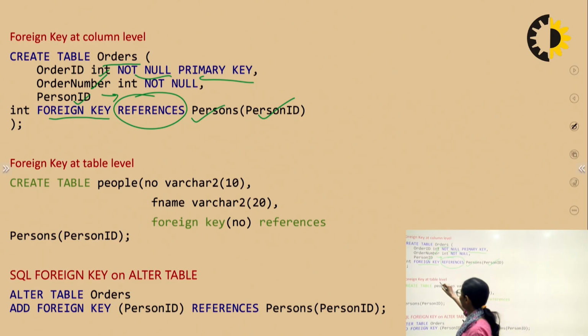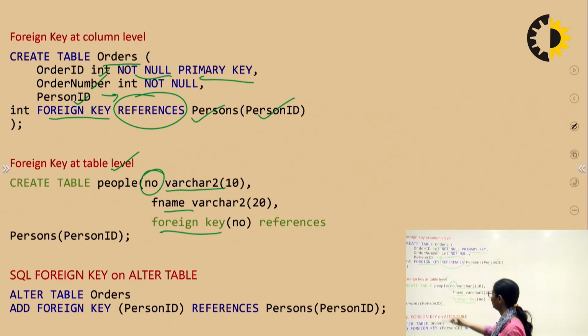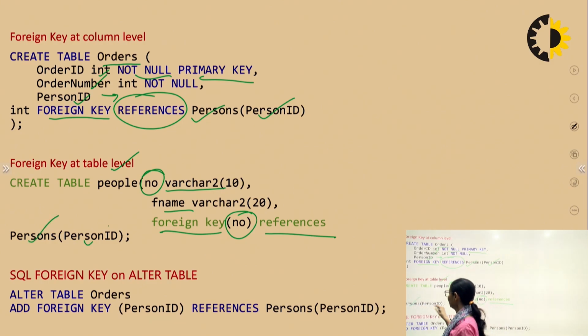What if I want to apply the foreign key at the table level? Then in that case, after the varchar column f name, this is the foreign key on this particular column. Let's suppose foreign key on this particular column references which table, and then person ID.